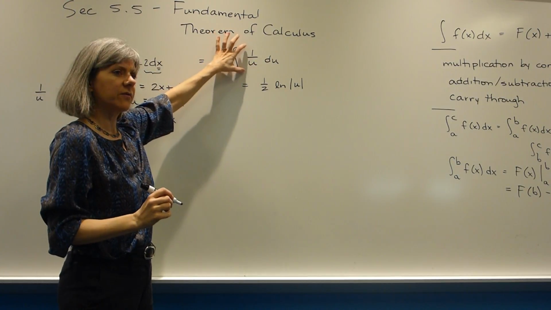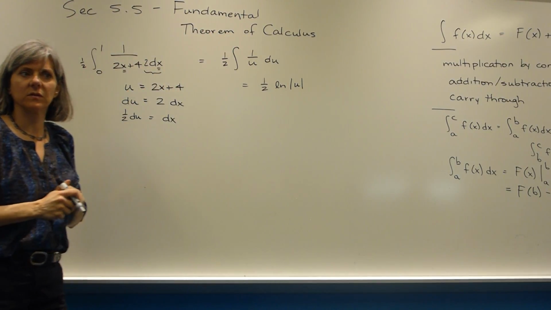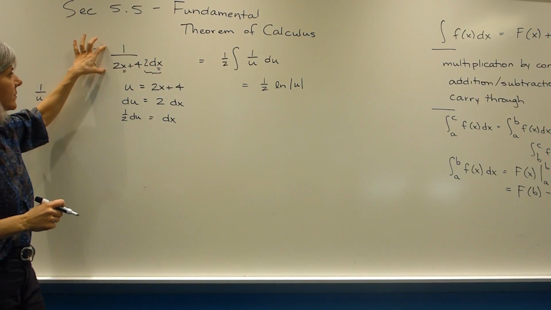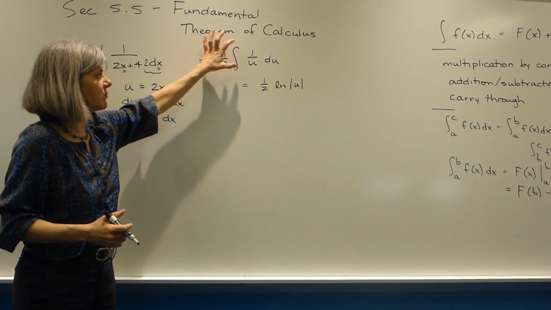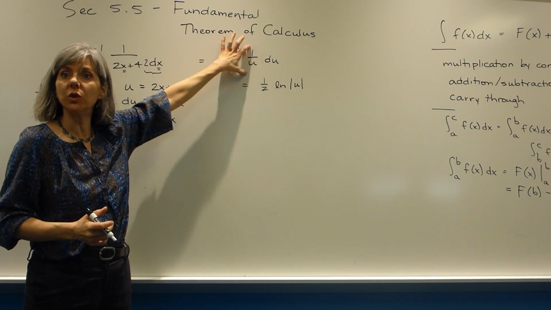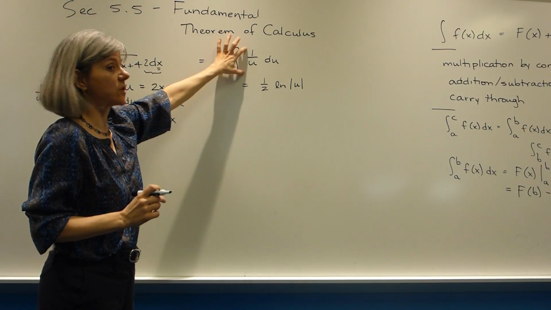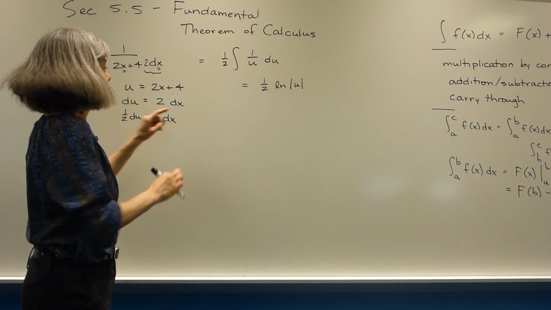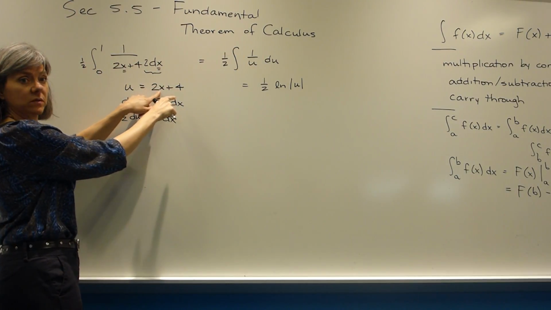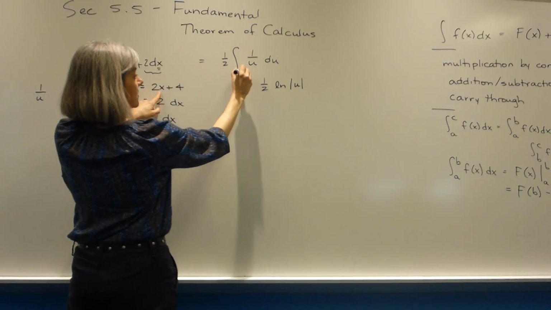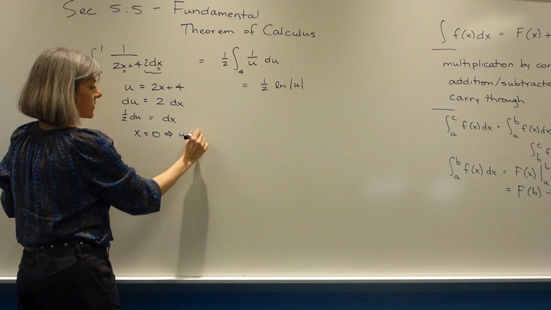I left these off for now because do these limits fit over here? Do x limits work for u? They're different variables. So I cannot put x limits here. I need to have u limits here. So I have two choices. One choice is to go ahead and put the u limits in. If x equals 0, u equals 4.